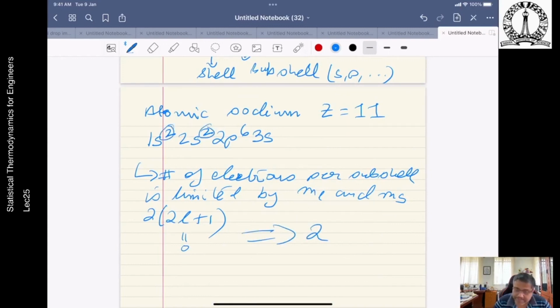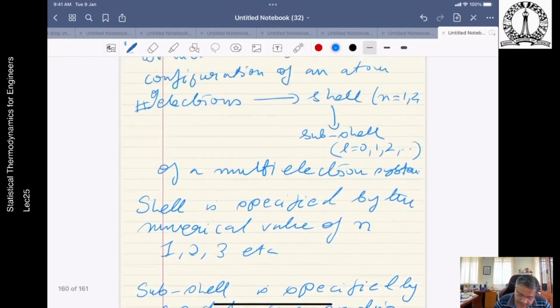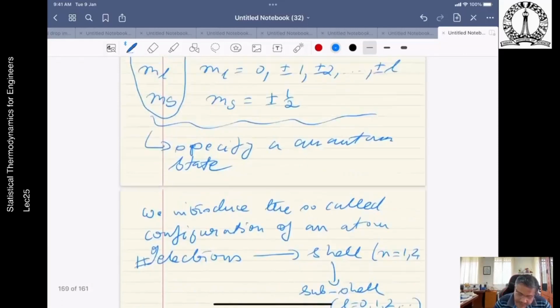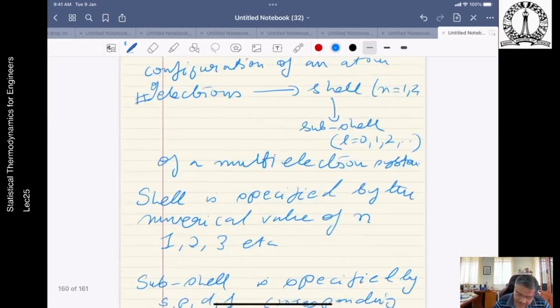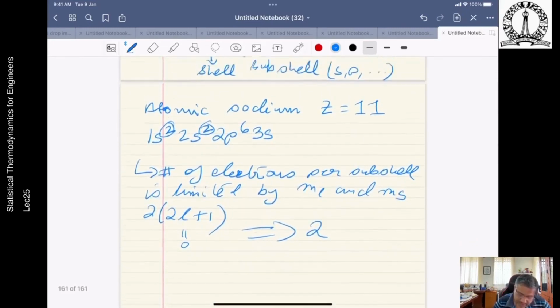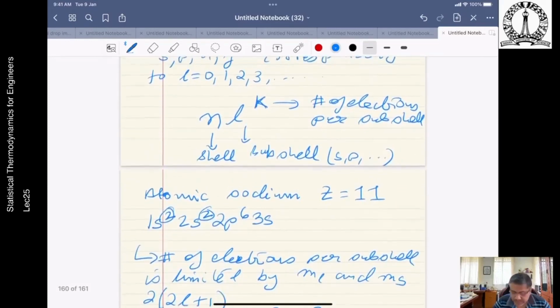And l varies up to n minus 1. So when n is equal to 1, l can only be 0. So that's why we have 1s2, because there is no p.